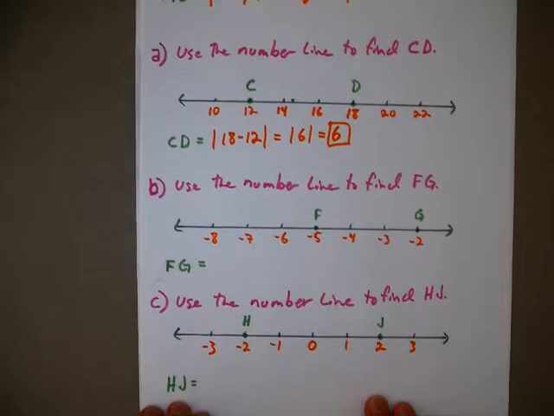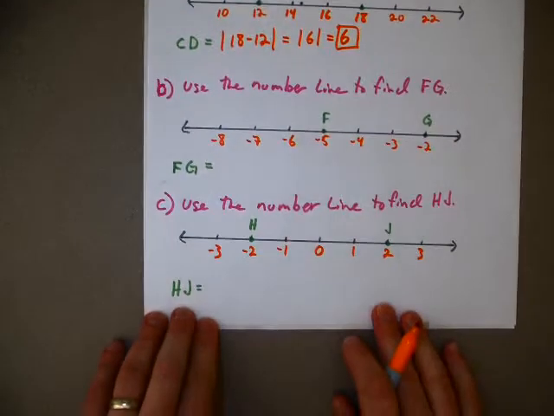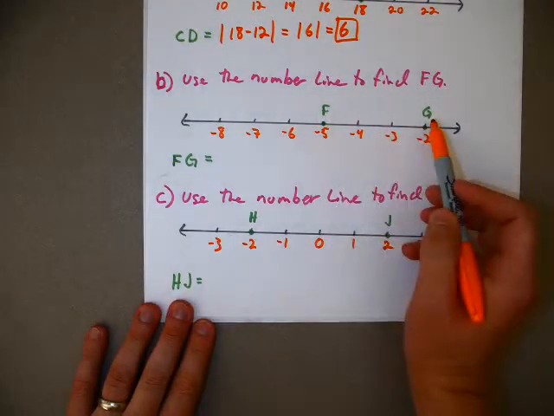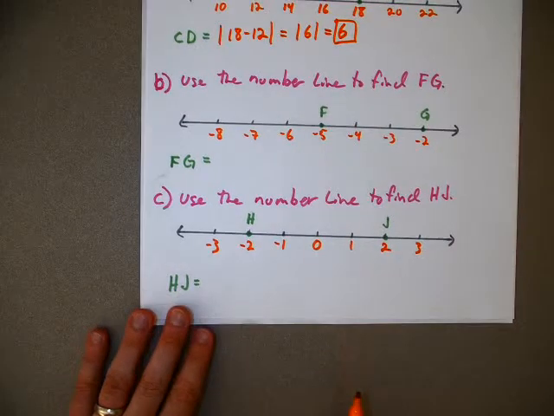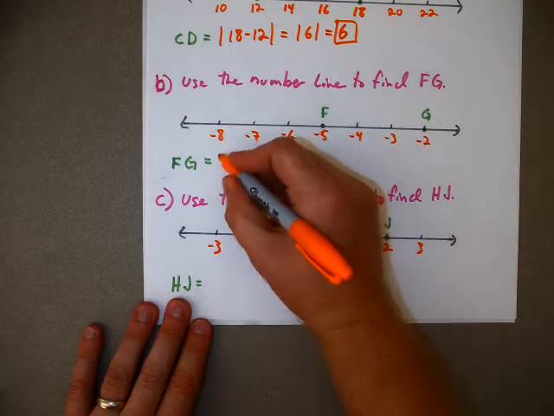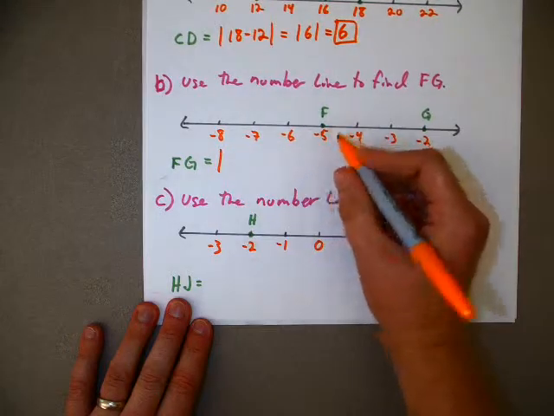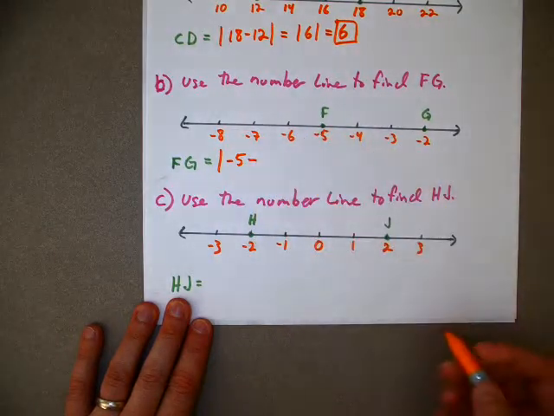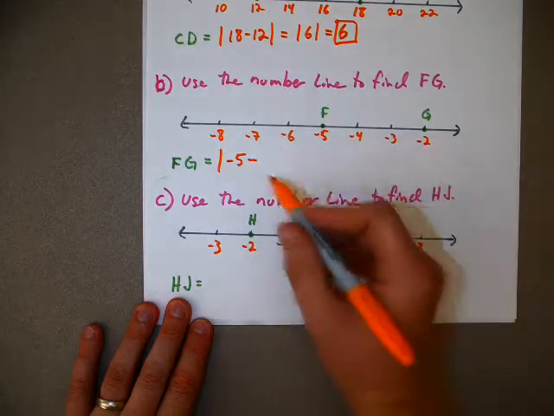So that's pretty straightforward if you have positive numbers that aren't too far apart. Let's take a look at some negative numbers here. So we're going to find the distance from F to G, and notice that we are now on the negative side of the number line, but the same thing applies. I'm going to find the absolute value of F, so it's negative 5 minus, here's where it can get tricky.